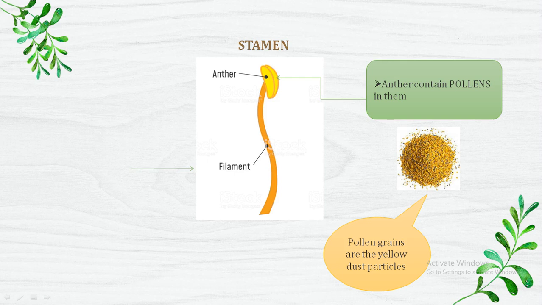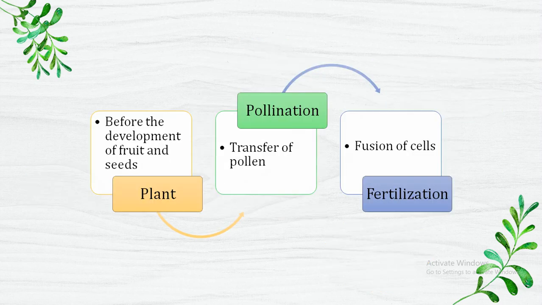What are pollen grains? Pollen grains are yellow dust particles, right? These dust particles are present inside this anther. The next part is the filament, and this filament is the supporting structure for the anther.